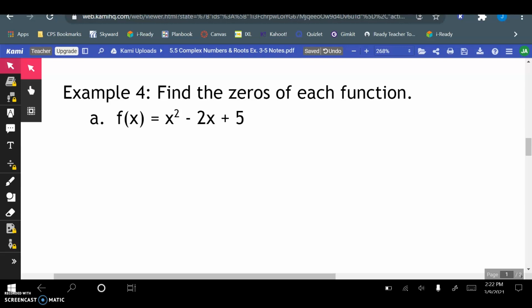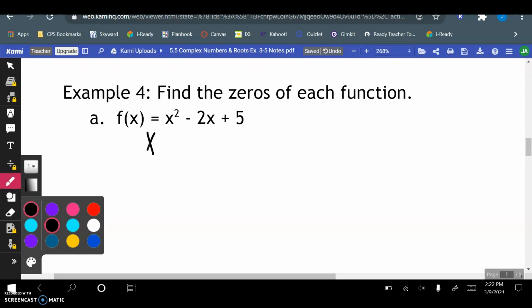For example 4, they're asking us to find the zeros of each function. So we have to rewrite the equation so that f of x is now going to become 0. So we're going to have x squared minus 2x plus 5 equals 0.